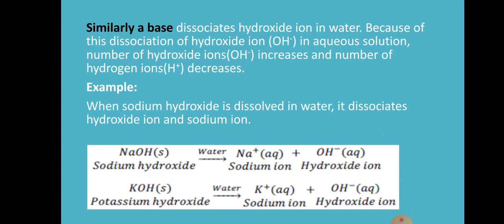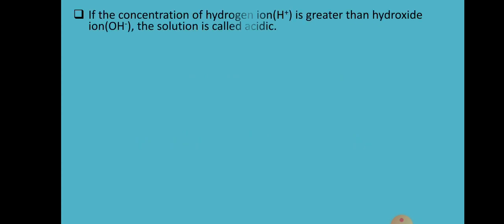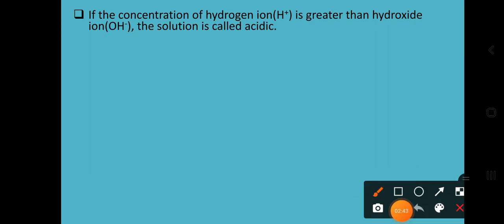When an acid is dissolved in water, it dissociates and releases H+ ions. When a base is dissolved in water, which ions does it release? It releases OH- ions. Dear students, let us understand the concept of acidic and basic. If the concentration of hydrogen ions is greater than the hydroxide ions, the solution is called acidic.